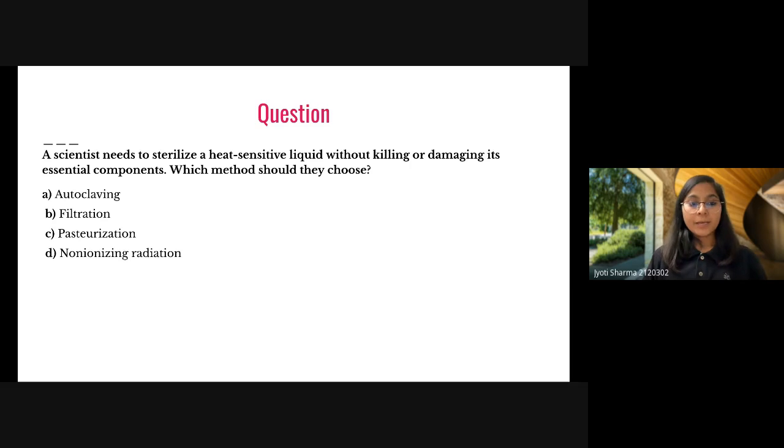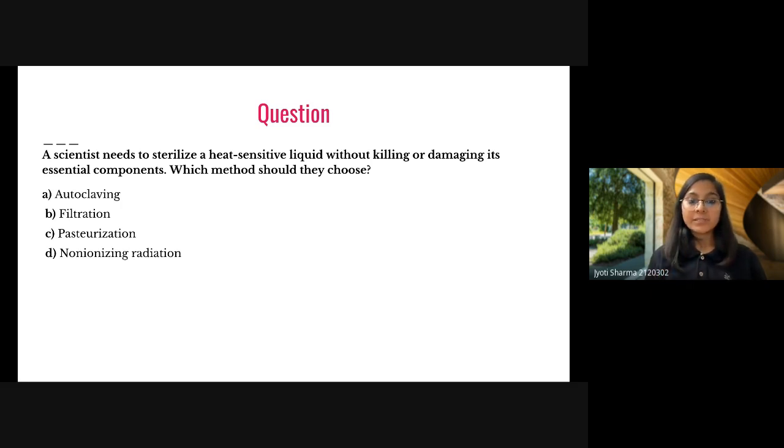Just see here, in autoclaving, we have to maintain some temperature that will produce the steam. Pasteurization also, we have to maintain a particular temperature, and that particular temperature may damage the essential components, and non-ionizing radiation is not among the options. So the only option that we have is filtration. Using filtration, we can remove the bacteria or microbes so that the liquid can be sterilized.